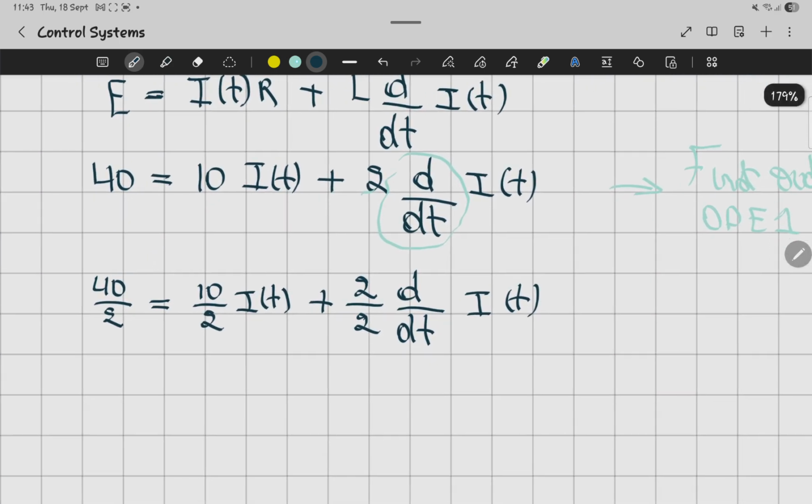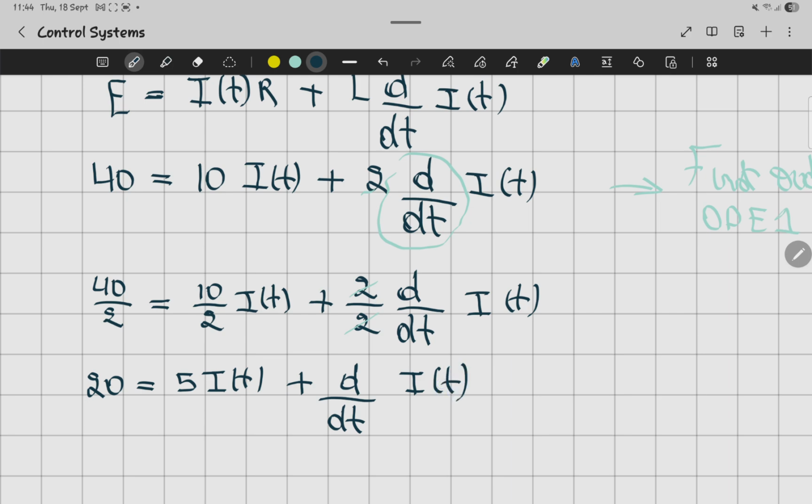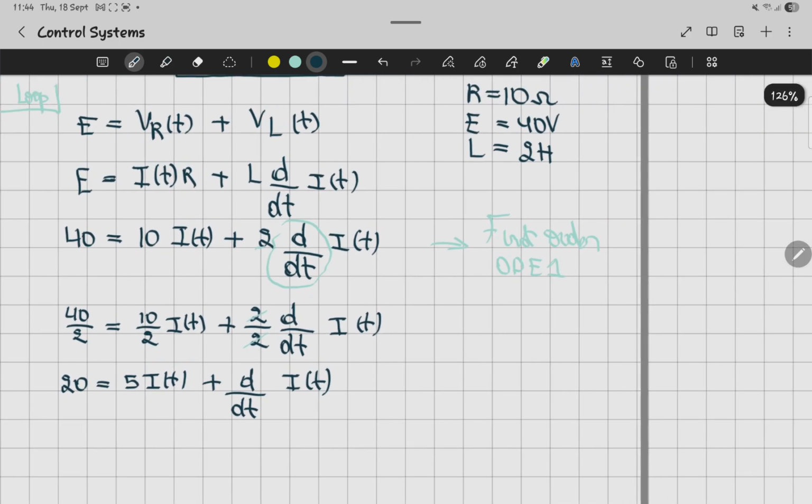Then you will see that the 2s cancel out, so we remain with 20 equals 5 i(t) plus d/dt i(t).